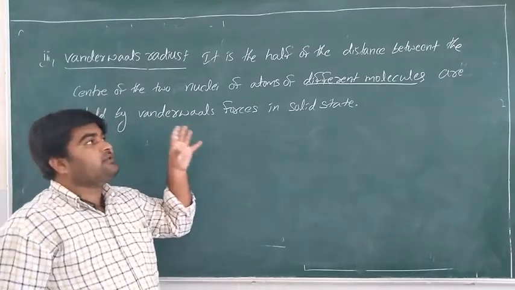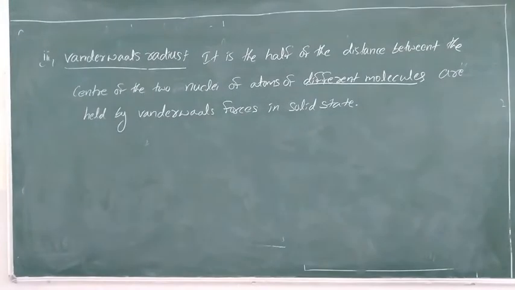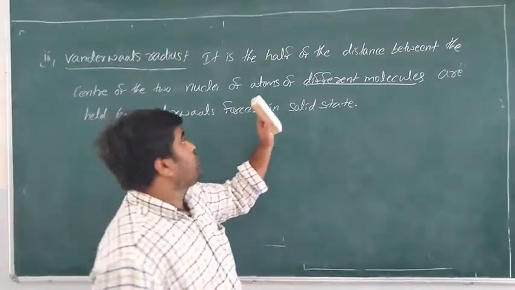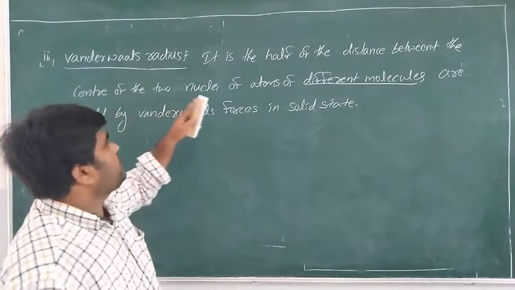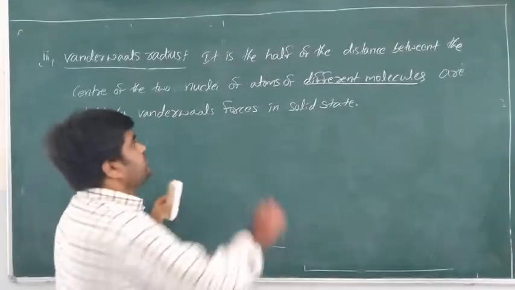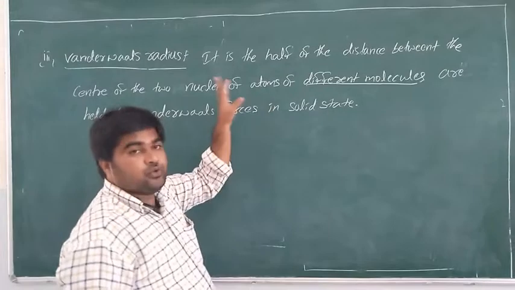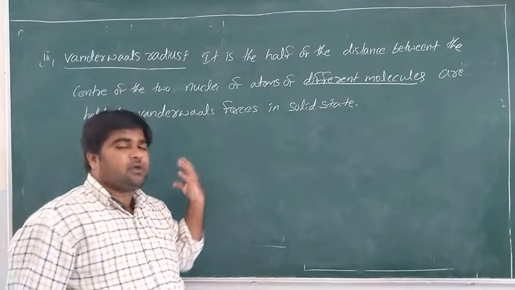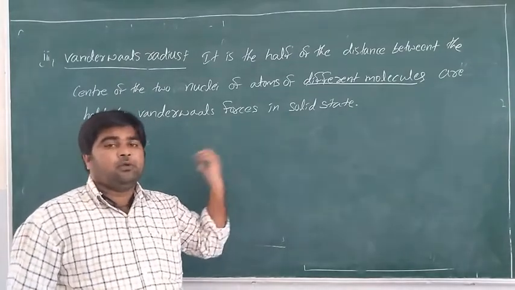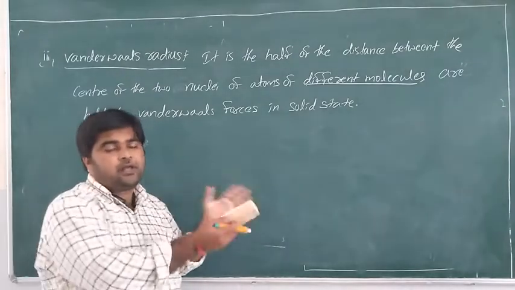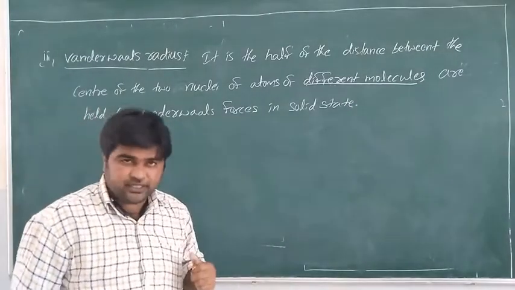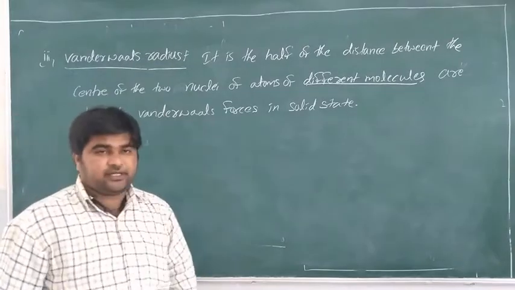It is half of the distance between the centers of the nuclei of two atoms of different molecules, that means one molecule and another molecule, held by van der Waals forces in solid state.